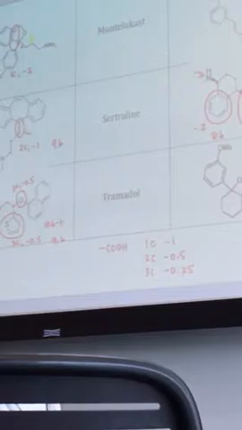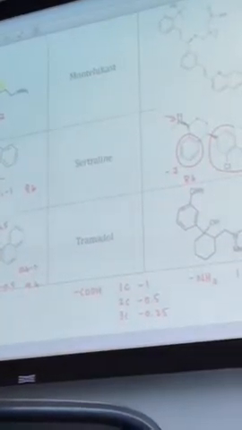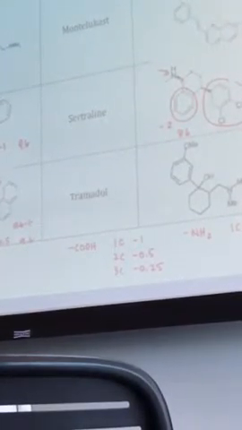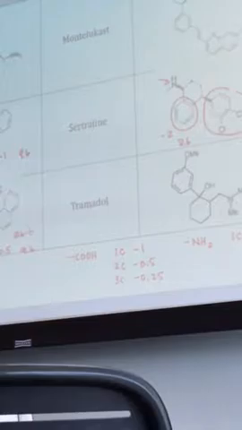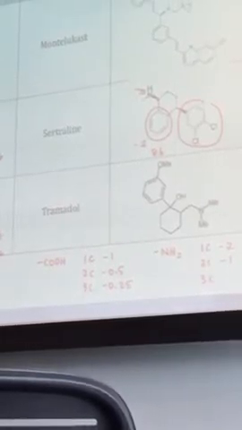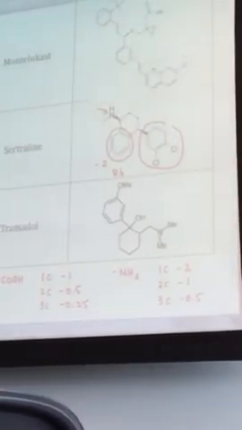And then for amines, 1 carbon is -2, it's double. And then 2 carbons would be -1. It goes in half as you go down. And then 3 carbons is -0.5.